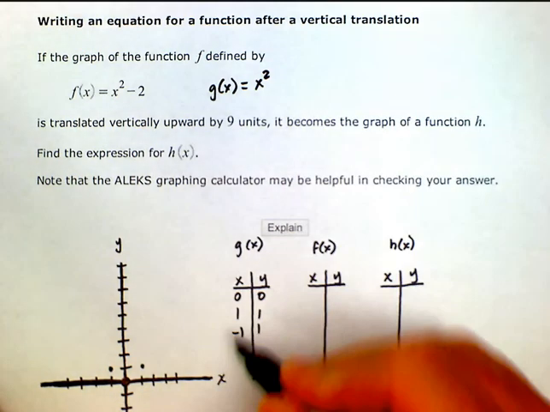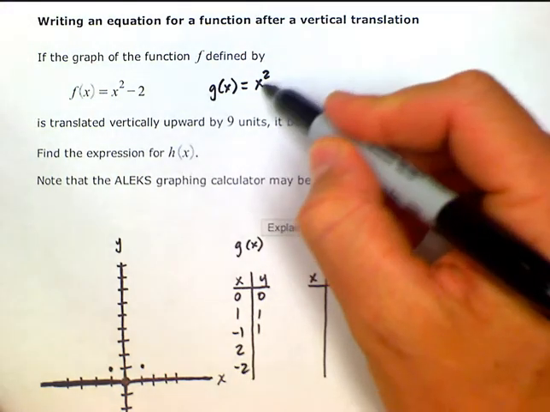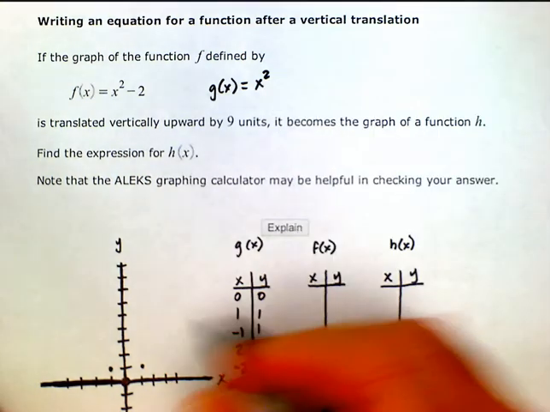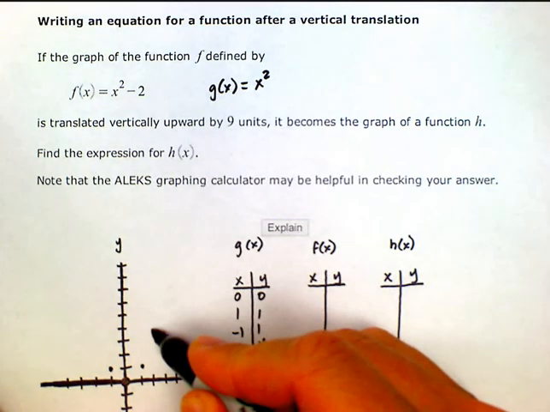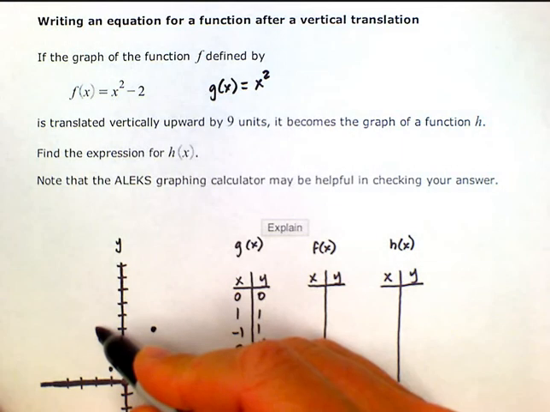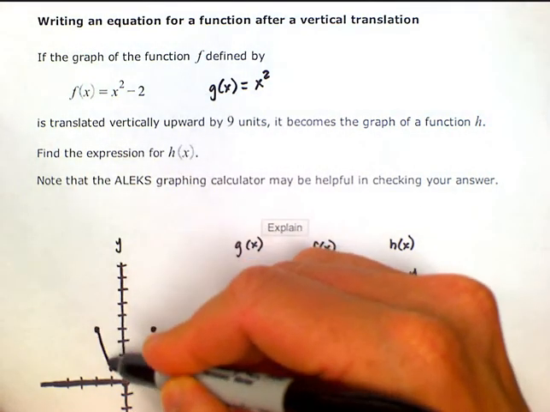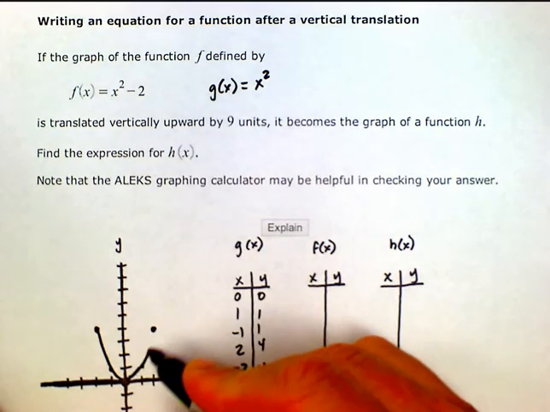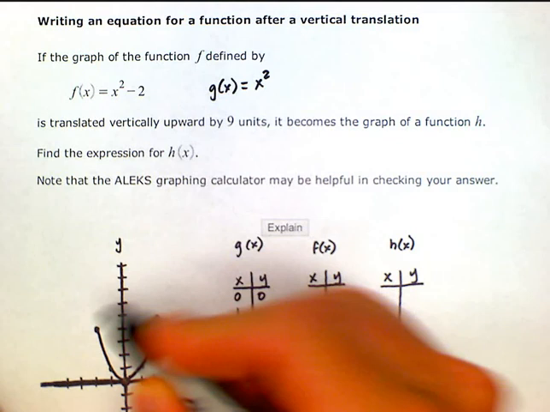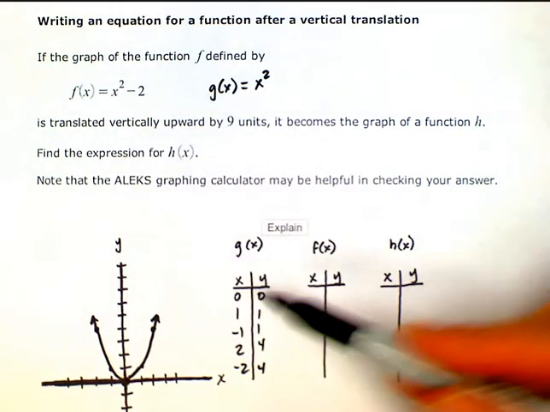If we plug in 2 and negative 2, they both give us 4. With this symmetry, we're starting to create what we call a parabola. It has a general shape of something like this, where it will extend up and outward to infinity, growing at an exponential rate.